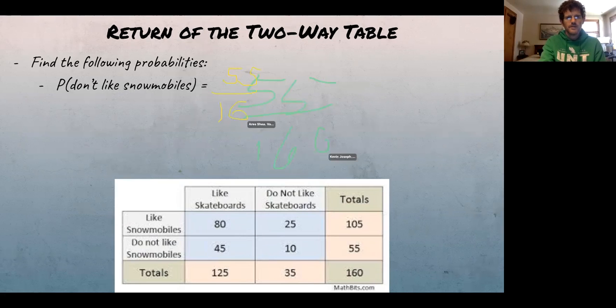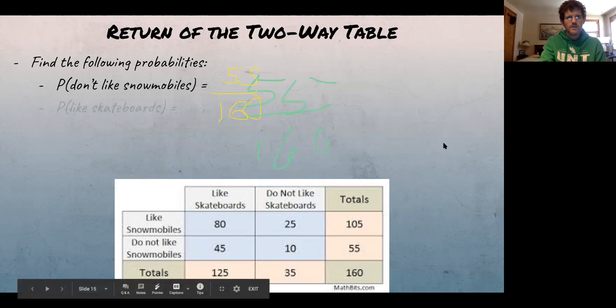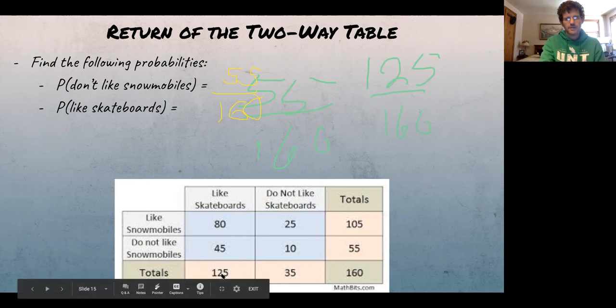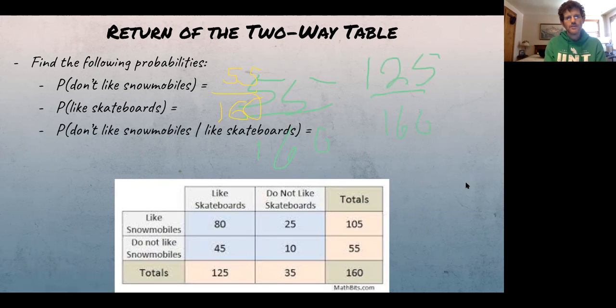Okay, I'm going to have some more probabilities on here, but those are good. 55 out of 160. Probability of liking skateboards. All right, doesn't seem like we've done anything new yet. And there you go, 125 out of 160. So now what's the probability of not liking snowmobiles given that someone likes skateboards?